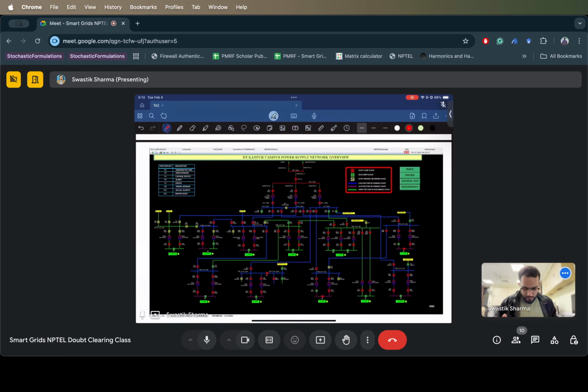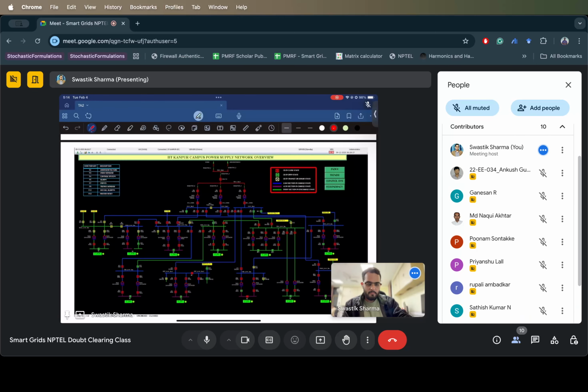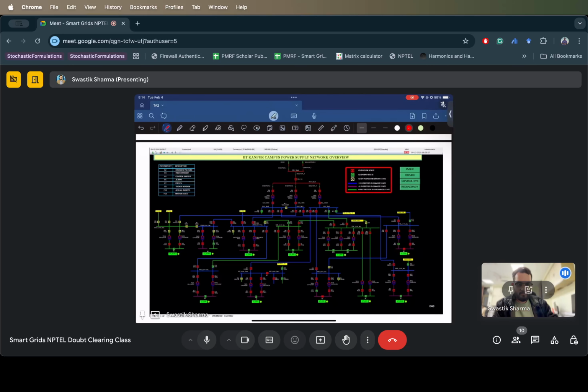So can anyone tell me what kind of distribution system is this? What kind of configuration does this distribution system have? Anyone? Can you tell, anyone? No one?